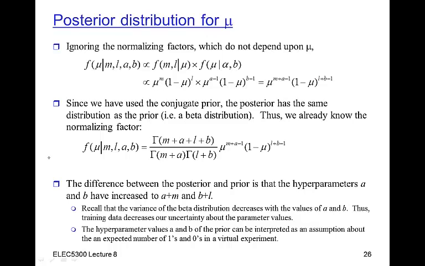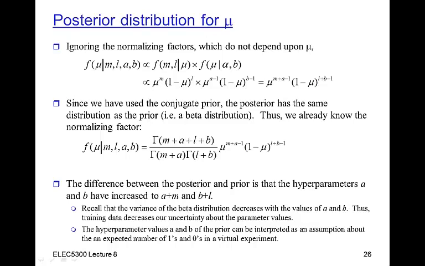So the key difference then between the posterior and the prior is that originally I started out with hyperparameters a and b, and now I've increased them to a plus m and b plus l.